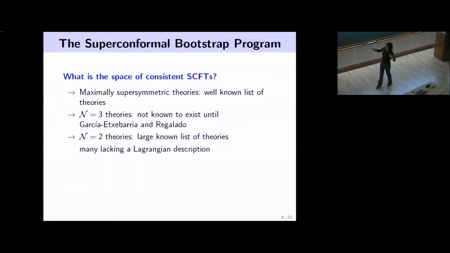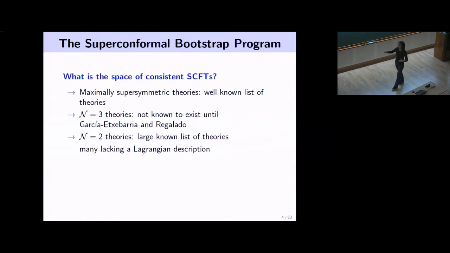This provides a case in between that is more constrained by symmetry, but not so constrained that we already have a catalog, and so there is a large number of N=3 theories. Again, they're non-Lagrangian. Lagrangian theories with N=3 symmetry are automatically enhanced to N=4, but this doesn't matter for the bootstrap because we just care about the symmetries, and N=3 is a lot of symmetry. So this would be the first step, and this is what I will focus on in my talk.